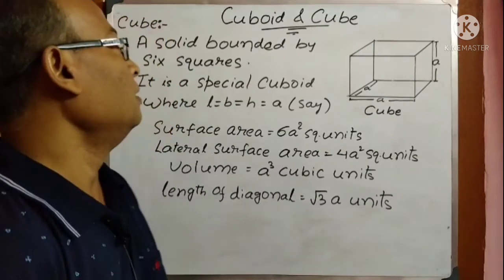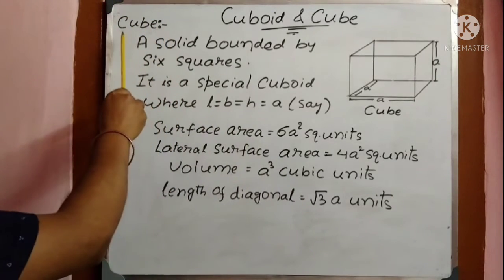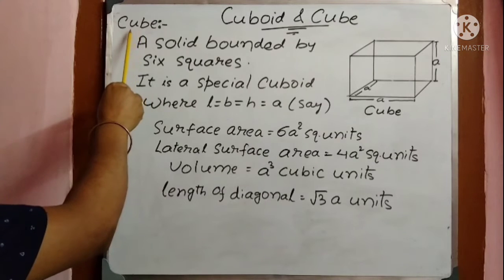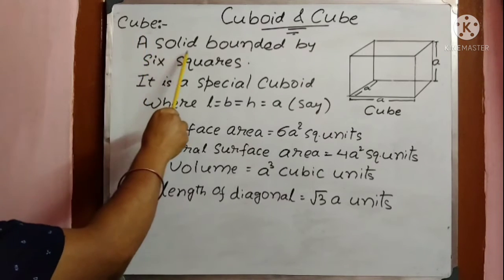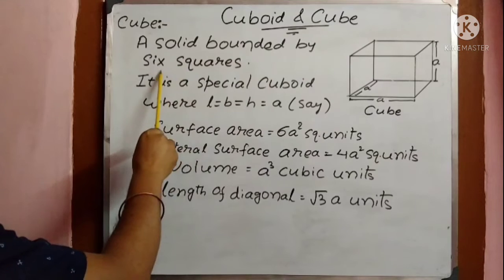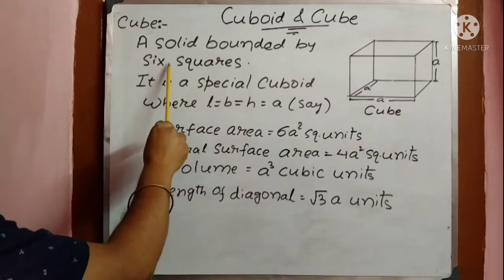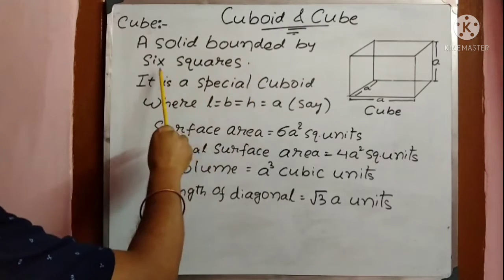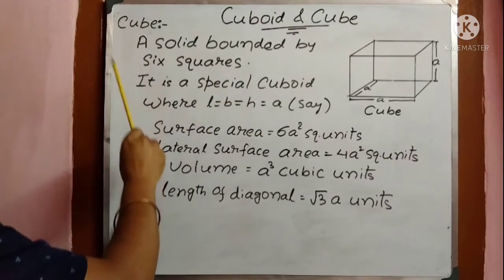Okay. Now we will study cube. Now what is a cube? A solid bounded by 6 squares, it is a cube.